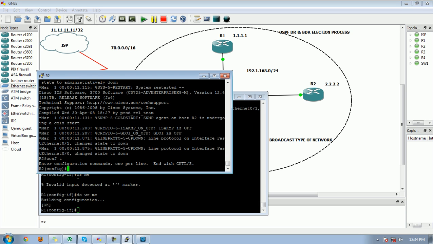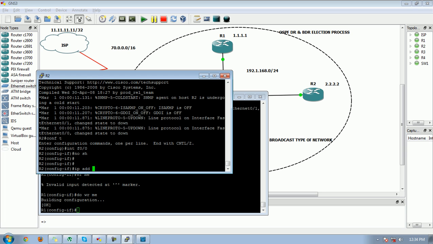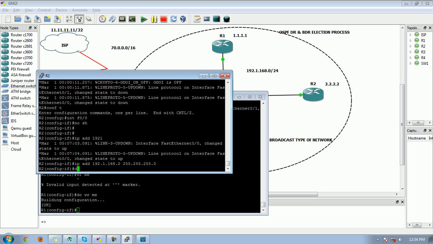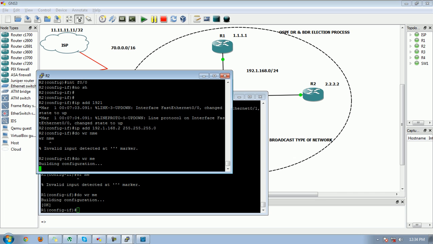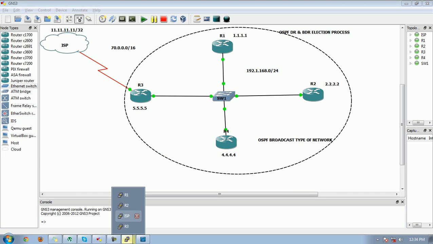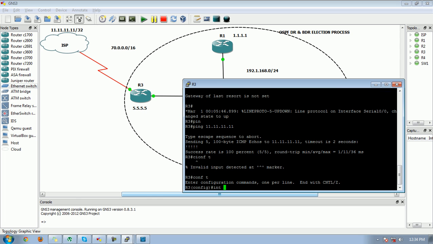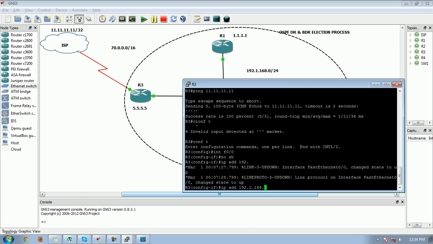Now on R2. Config T, interface FastEthernet 0/0, no shutdown, IP address 192.168.1.2. On R3, 192.168.1.3.